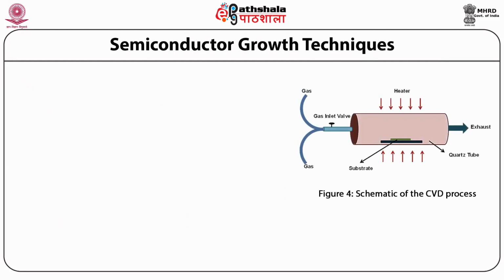So the various techniques for the epitaxial growth of semiconductor thin films depend on the phase of the material to be grown, and they are described as follows. Let us first discuss the first technique, that is chemical vapor deposition.